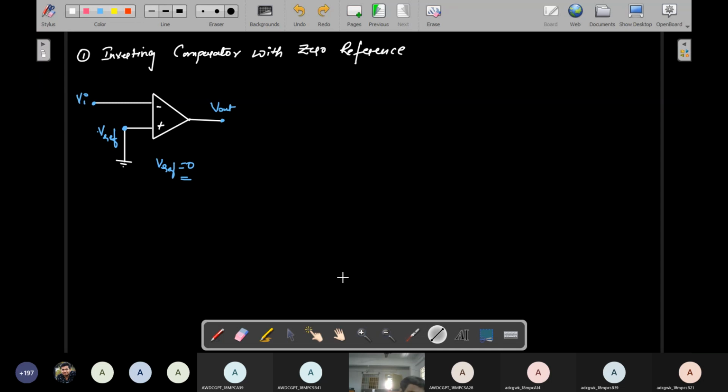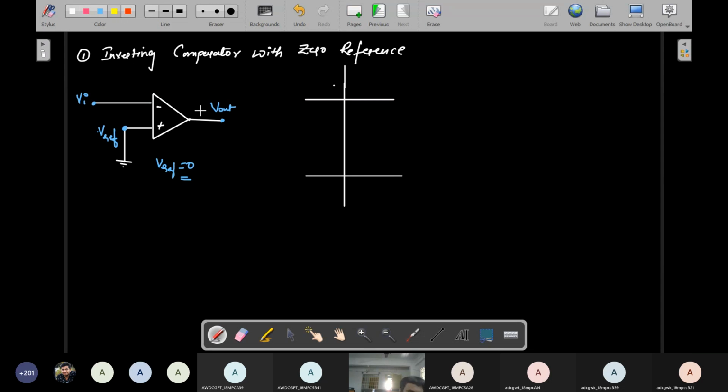I will give a sine input signal and see how the saturation occurs.